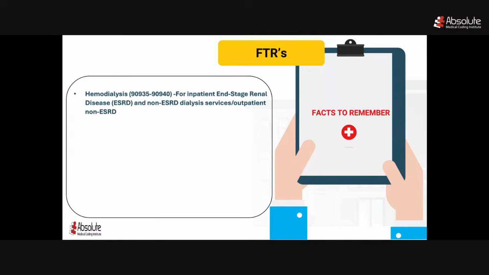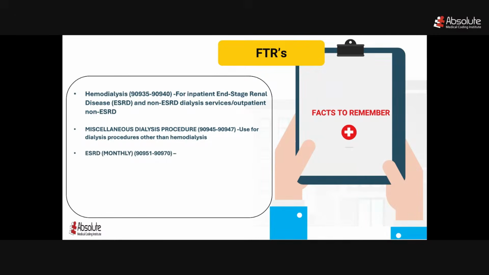These are used for inpatient end-stage renal disease and non-ESRD services or outpatient non-ESRD services. We have miscellaneous dialysis procedures, which are coded under 90945 through 90947. These are for dialysis procedures other than hemodialysis.